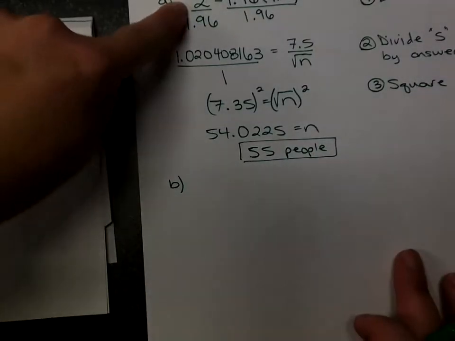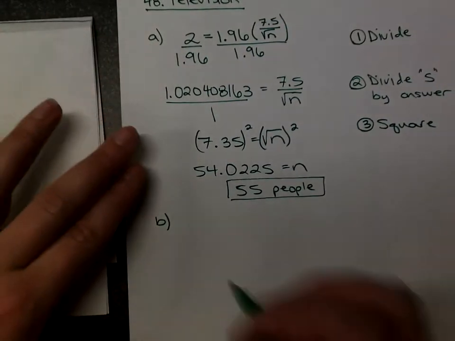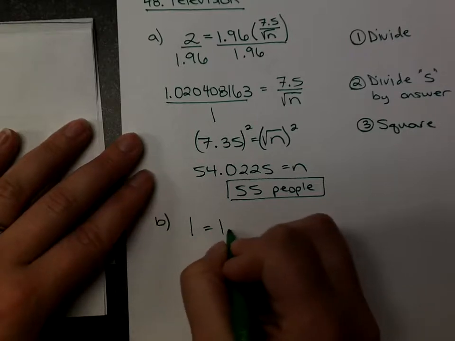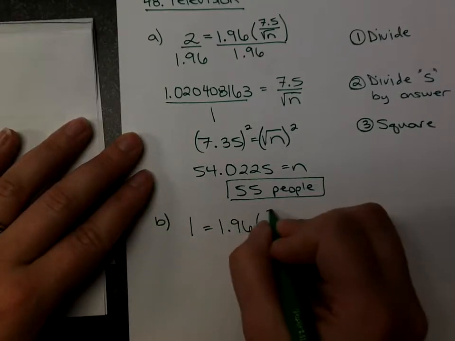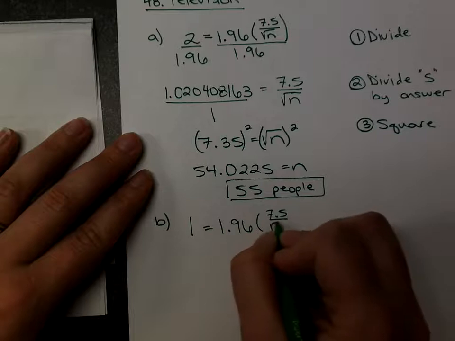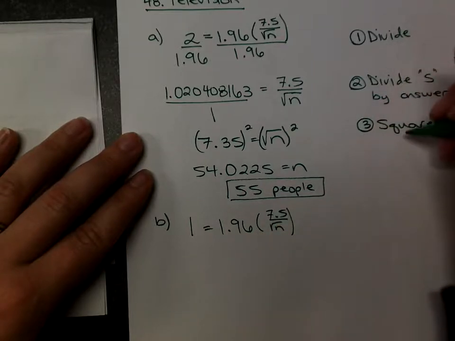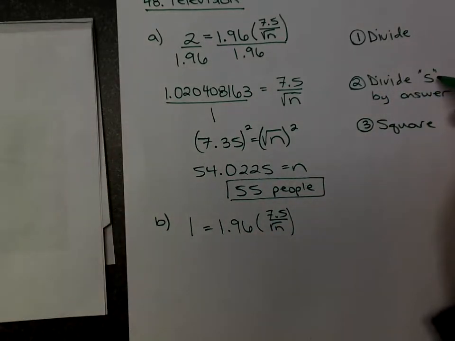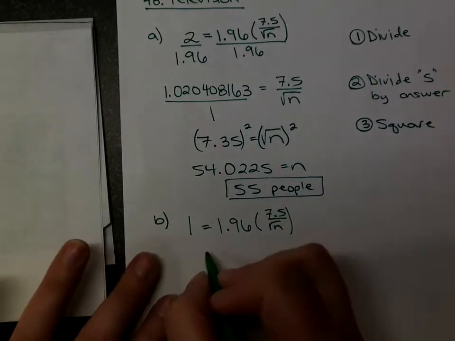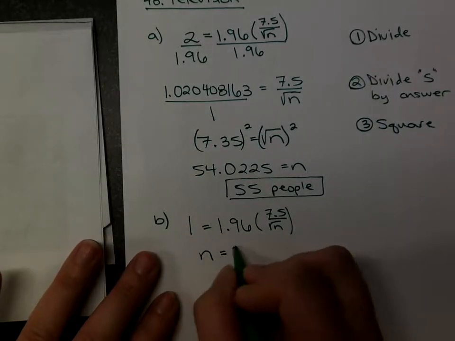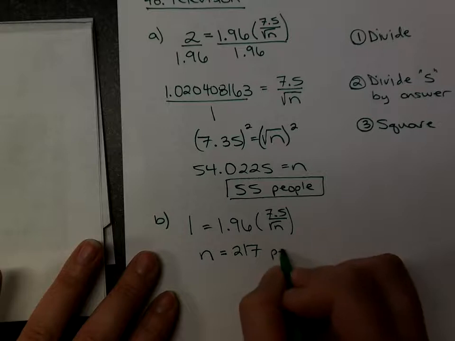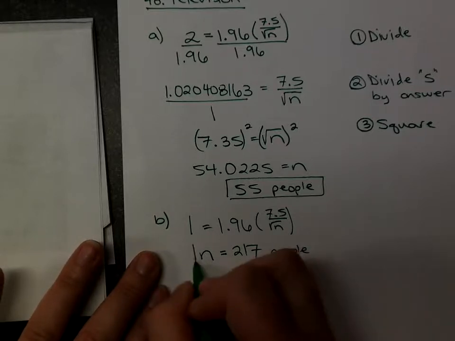So instead of a 2 here, I'm going to put a 1, equals 1.96 times 7.5 over radical n. I do the same steps, divide, and square. When you do all of those steps, you should get 217 people. Don't forget to round up.